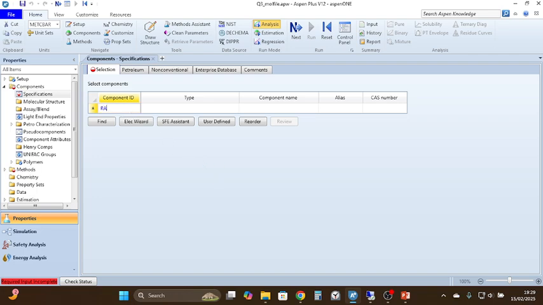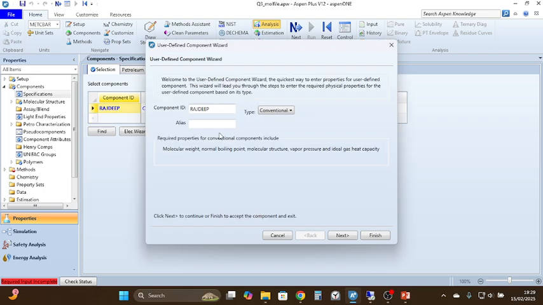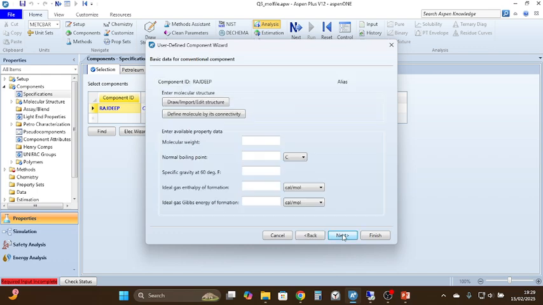Now let me rename this as the same. I'm going to use user defined, the conventional type only. I'm going to select next. Now over here there is an option of draw, import or edit structure. Previously we had defined the molecule by its connectivity, in which we had specifically mentioned the connectivity of the molecule through numbering the carbon atoms. Over here we are going to draw, import or edit the structure.